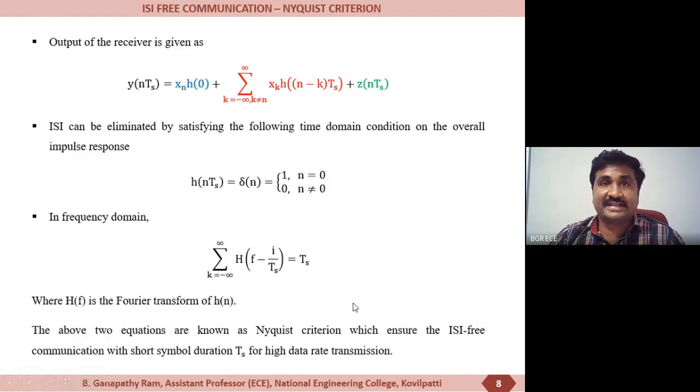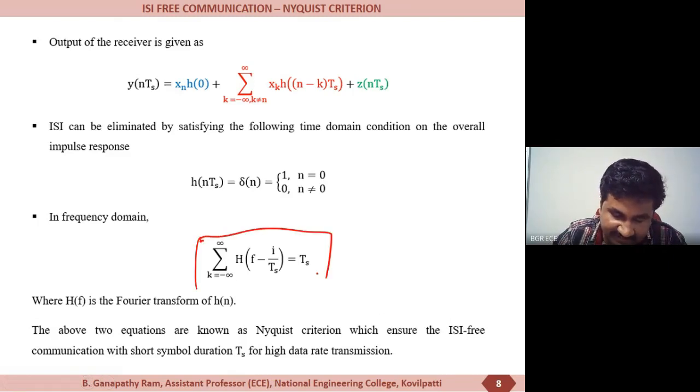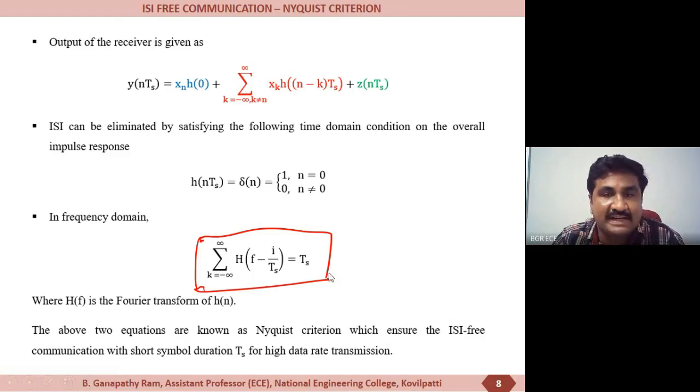This type of transmission is called ISI-free transmission or ISI-free communication. In the frequency domain, this condition can be expressed as the summation over k from minus infinity to infinity of H of f minus k by Ts equal to Ts, where H of f is the Fourier transform of h of nTs.